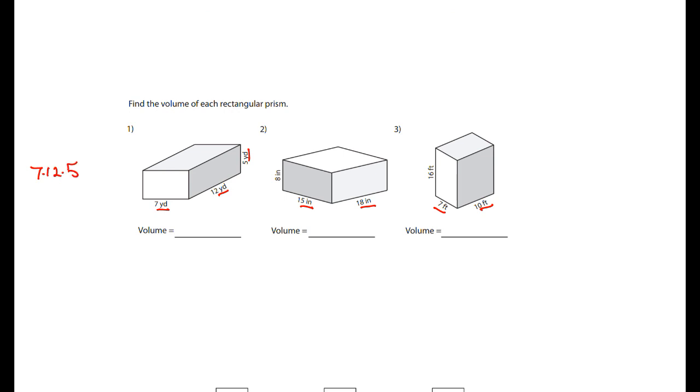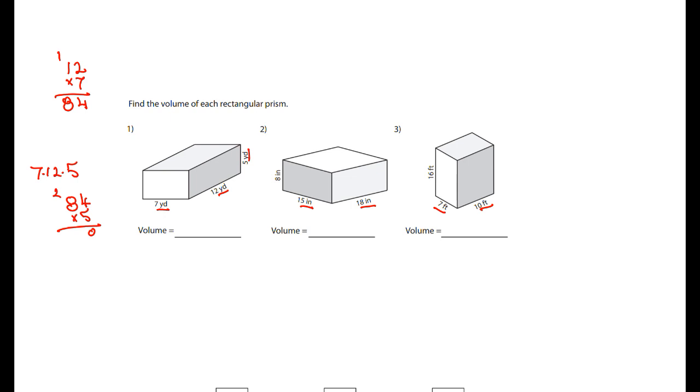What's 7 times 12? Well, if you don't know, let's figure it out here. Here's 12. Here's a 7. 7 times 2 is 14. Carry the 1. 7, 8. That's 84. Then you have to do 84 times 5. Well, we could do that here. 84 times 5. 4 times 5 is 20.